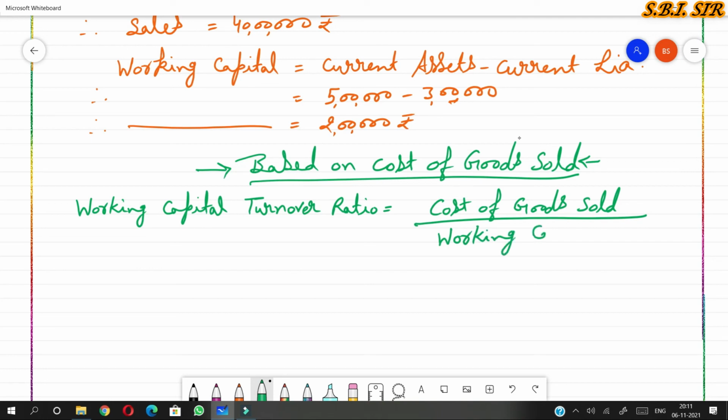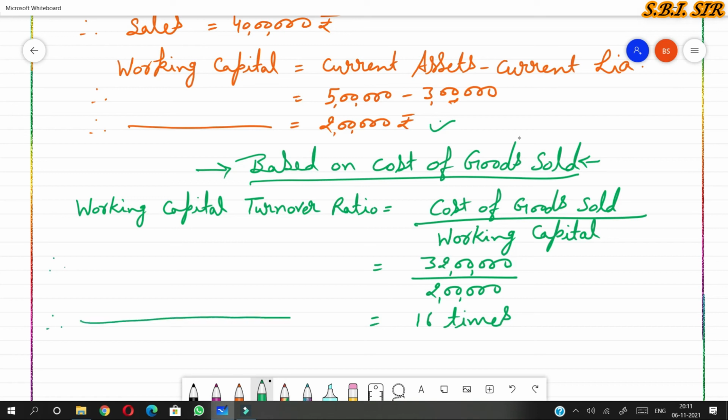Here cost of goods sold is already given, 32 lakh. Working capital we have found out, 2 lakh. 32 lakh divided by 2 lakh, we will get 16 times. It is the final answer of working capital turnover ratio based on cost of goods sold.